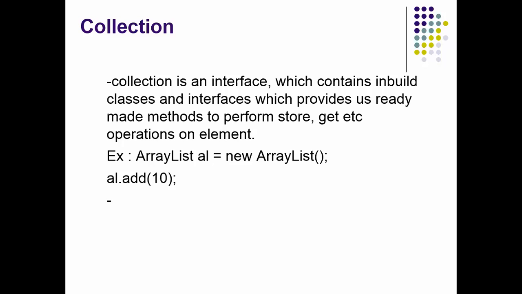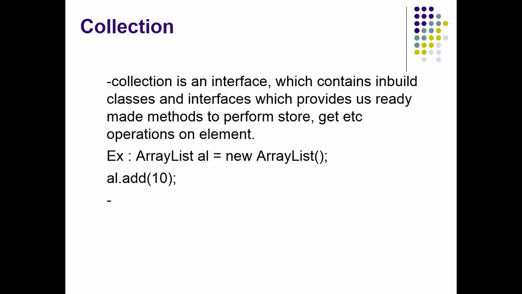Collection is an interface which provides lots of interfaces and inbuilt classes that have ready-made methods to store elements, retrieve elements, and perform operations on elements, like store, get, delete, and so on.